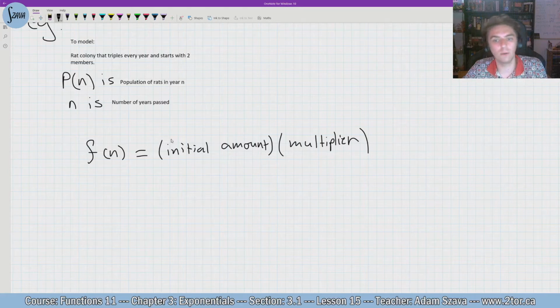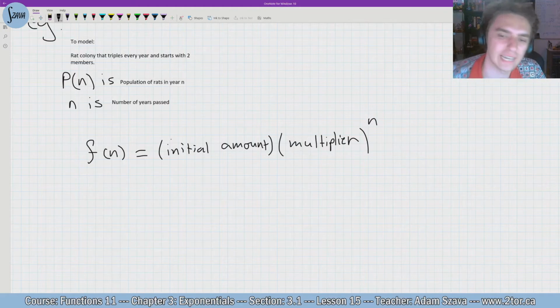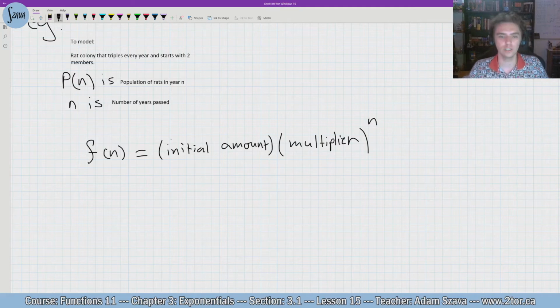And you can think of it as that multiplier is being applied n times. That power of n is like how many times we're multiplying by n. So how many times are we applying the multiplier to the initial amount?